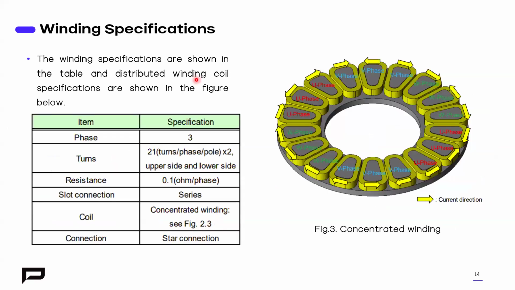And winding specifications. As I mentioned, the input is three-phase AC, and here the number of turns is 21 turns per phase per pole, on both the upper and the lower side, and the resistance is 0.1 ohm per phase. The slot connection is in series, so it is a concentrated winding, and it is star connected.